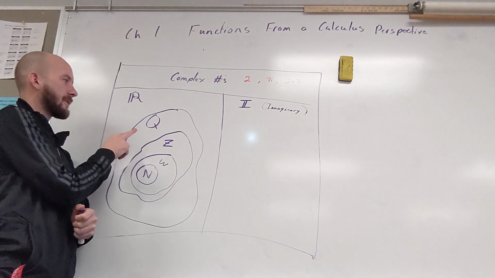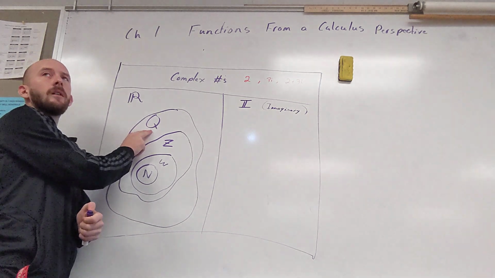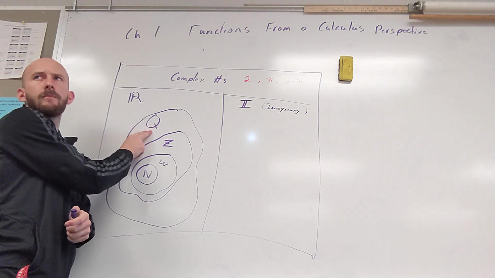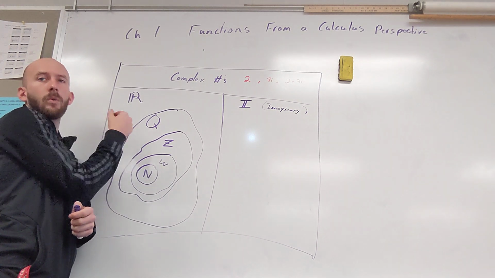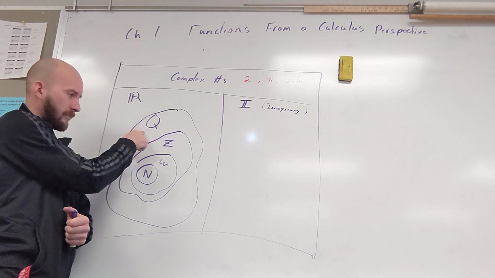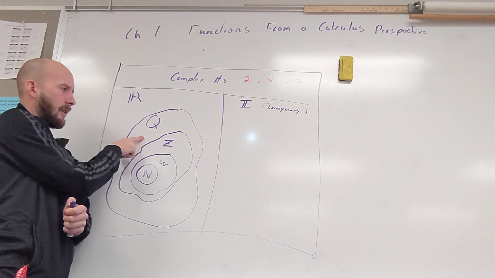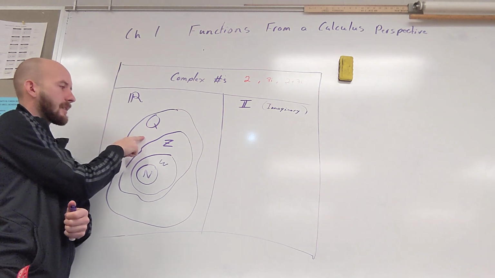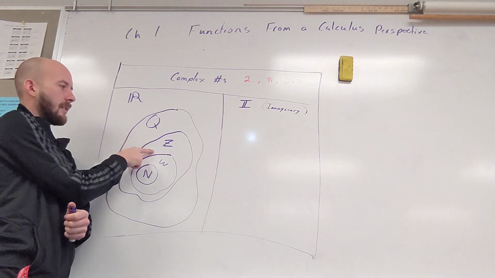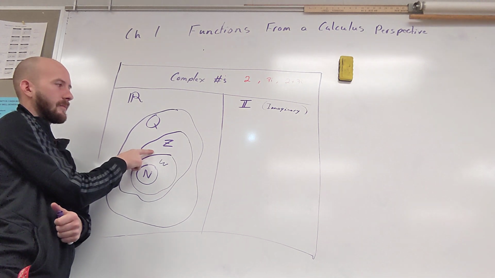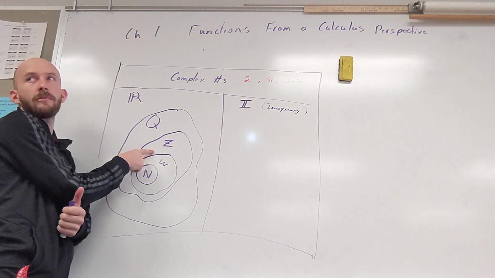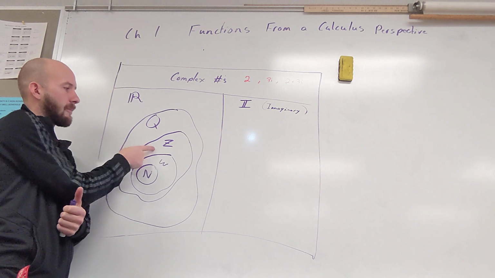So, for example, Q is what? Rational numbers. Okay? So, give me an example of a rational number that is not an integer. Half. Okay? 1/2, right? That'd be a rational number, but not an integer.